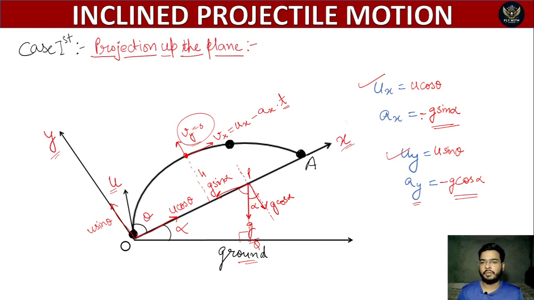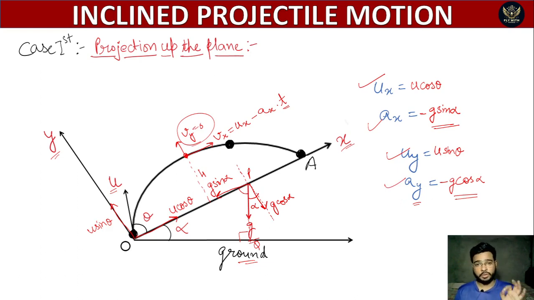That is why we have taken a minus sign here, because their directions are opposite to the direction of velocity. So ax, the acceleration along x, is minus g sin alpha, and the acceleration along y is minus g cos alpha.